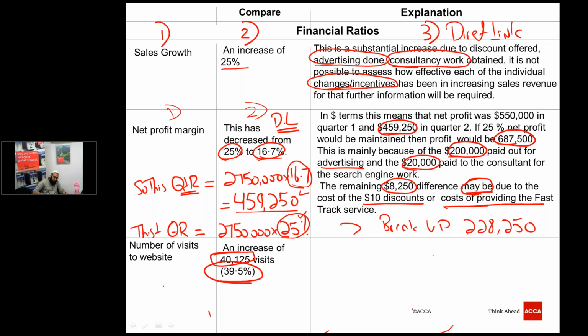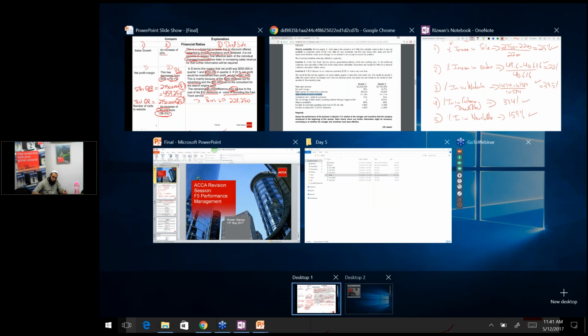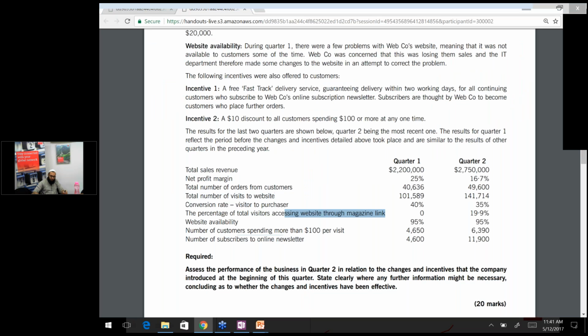First of all, let me do a few workings here. How many people came through the magazine link? In the question, if you look here, it's written that 19.9% came through the magazine link.